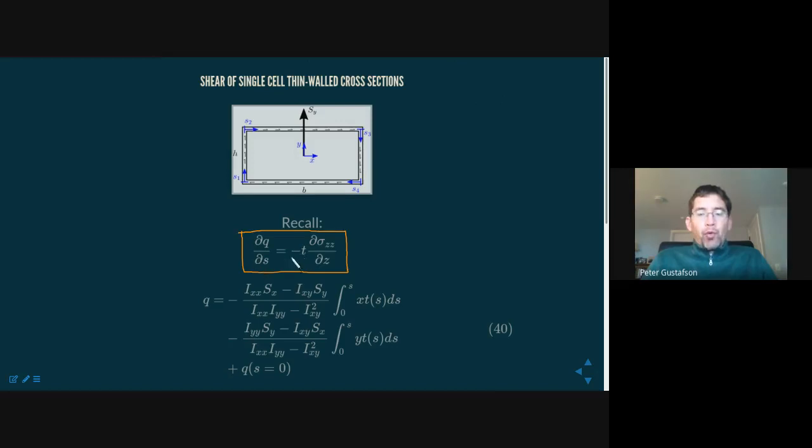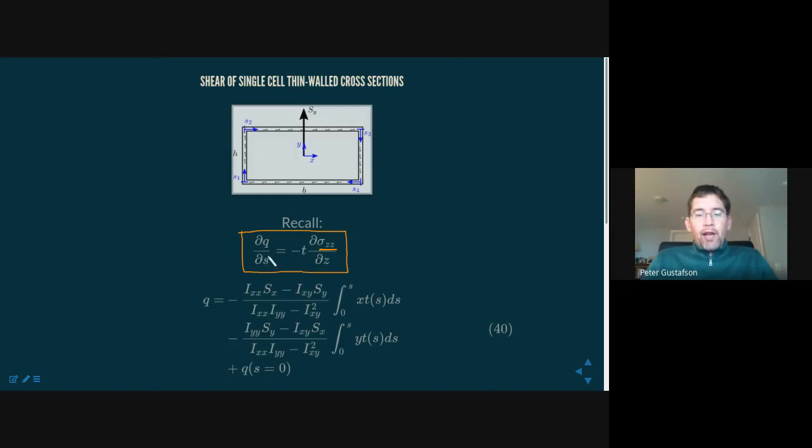It's a relationship to the bending stresses in a beam. The shear flow derives directly from the bending stresses, at least in this context. The shear flows due to bending are due to this equation here.